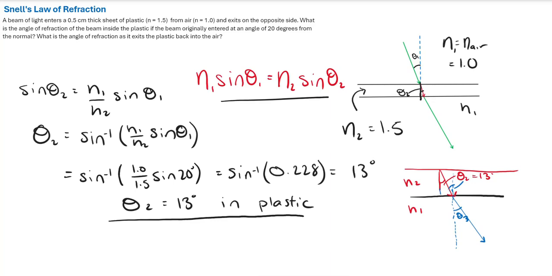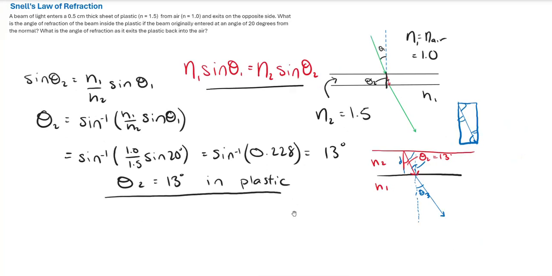We actually know the distance here as 0.5 centimeters, and we know this angle here, or we can just look at the fact that this is 13 degrees, so this must be 90 minus 13, and because we have a right triangle, this angle here is going to end up being 13 degrees. However, we can also just use the fact that if we have two right triangles, then these two angles are going to be the same, and then these two angles are going to be the same. Therefore, we have 13 degrees here.